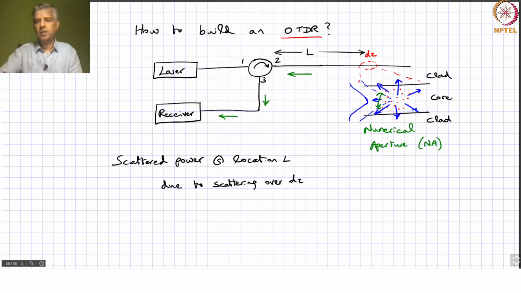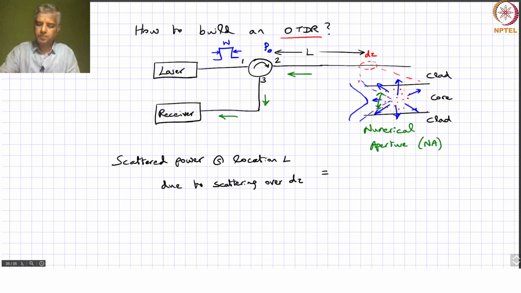let's just call it dz. If we look at that scattered power, what all is it going to depend on? Well, it's certainly going to depend on the power. Of course, what we said is we are sending a pulse of light that is occupying a certain width W in the fiber, and it's got a power P naught.